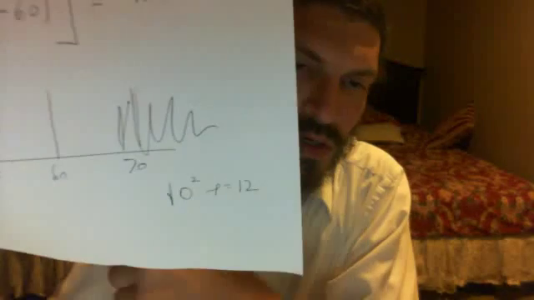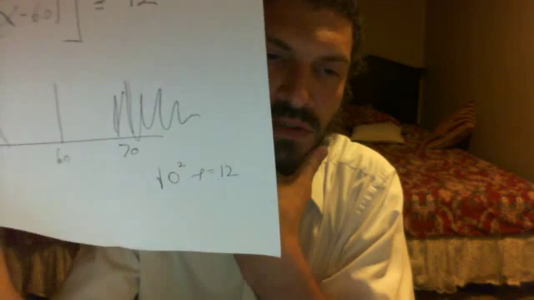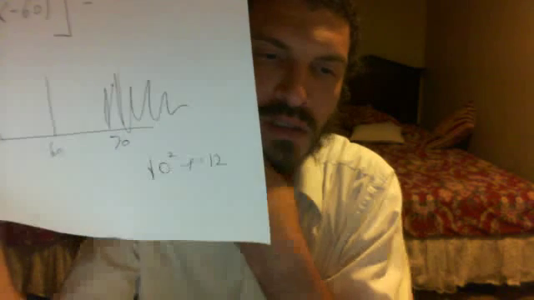Ten squared times x, the percent you can put outside, is equal to 12. You solve for x: x is equal to 12 over 10 squared. That's 12 hundredths.